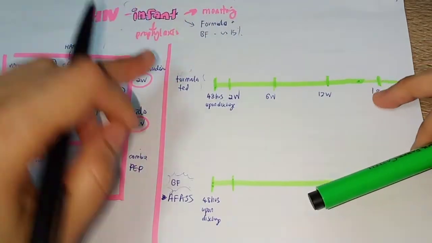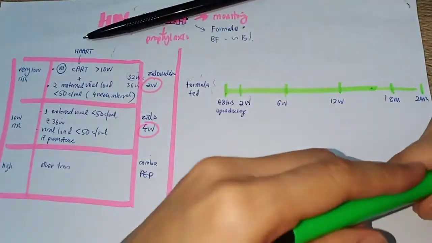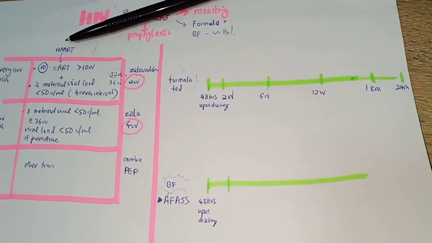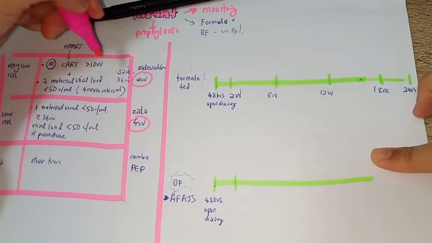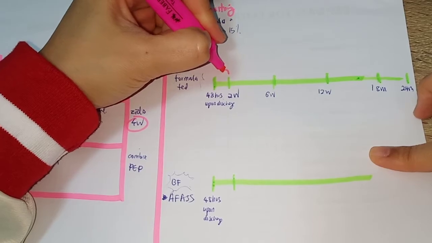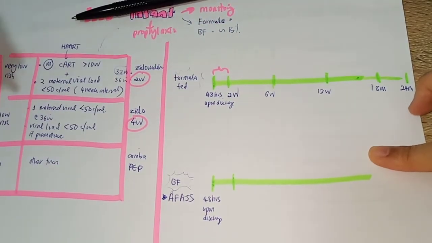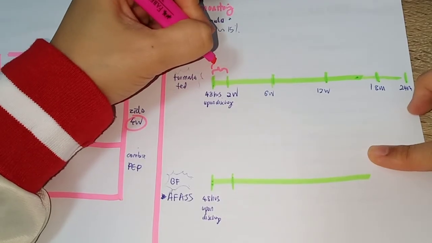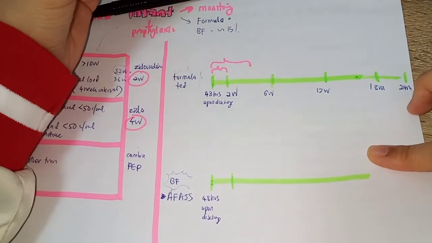Basically, as you can see here, if it's a very low risk infant, they will be on zidovudine for 2 weeks. If it's a low risk infant, the zidovudine will be up to 4 weeks.